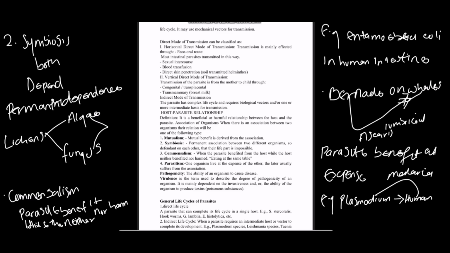In the direct life cycle, the parasite completes its cycle in one host. Examples include hookworm and Giardia, which causes giardiasis.